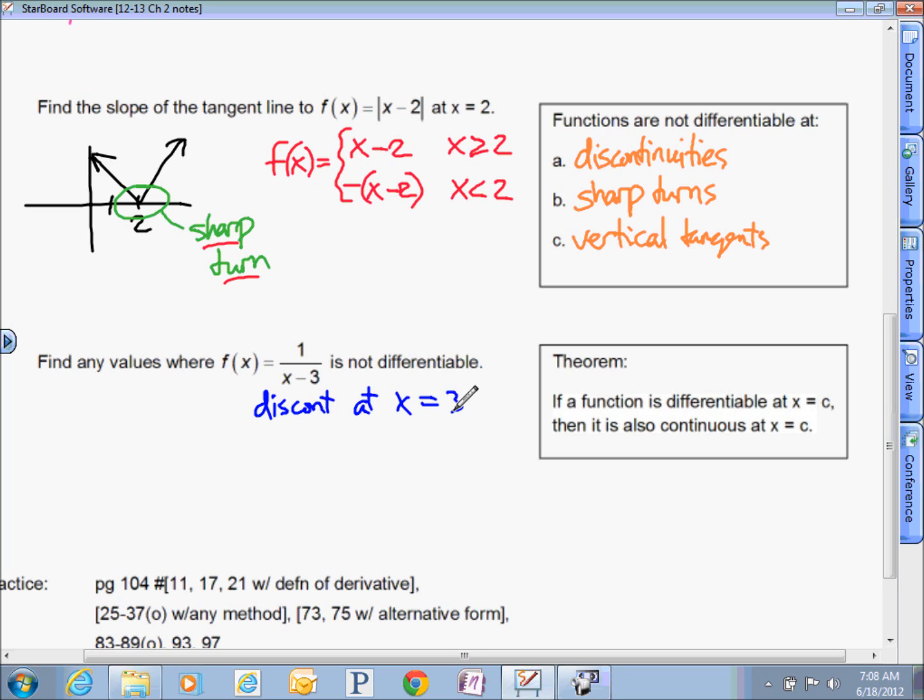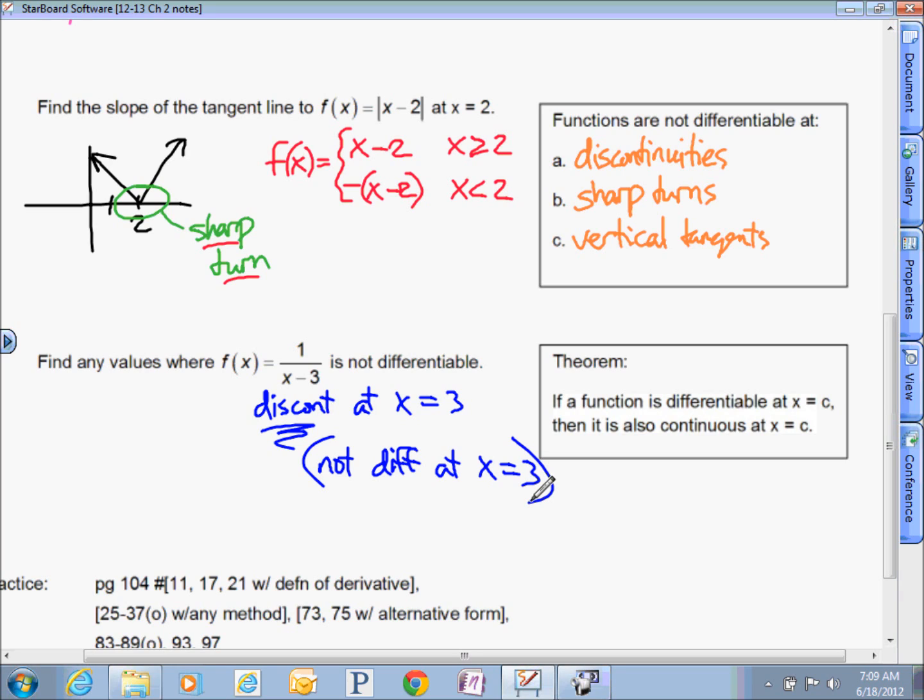We can't factor and cancel the x minus 3 away, so that's going to be a vertical asymptote. Either way, it's discontinuous at x equals 3, therefore it's not differentiable at x equals 3. If somebody says give any values where this is not differentiable, it's differentiable at every other place. We could find a value of the derivative at every place except x equals 3.